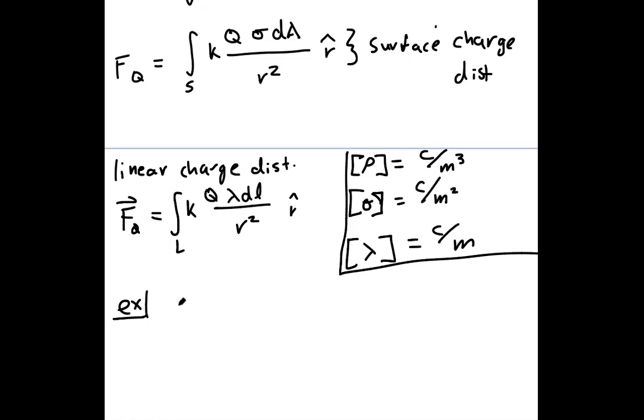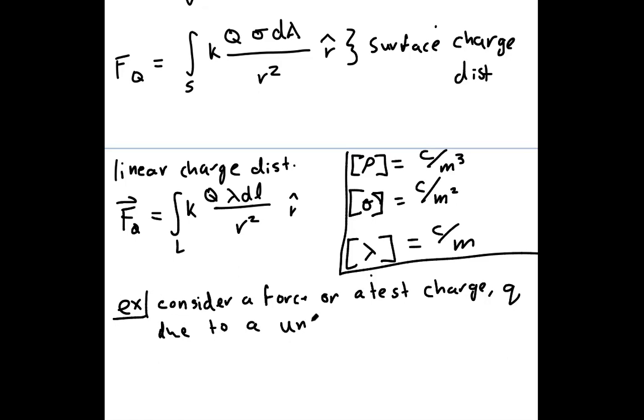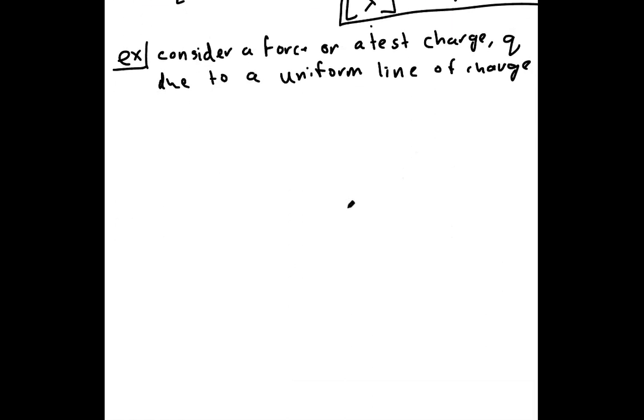Let's say we have a force on a test charge Q due to a uniform line of charge. If we want to find the net force as a result of this uniform line of charge, we have to use all of these concepts together and make sense of this.